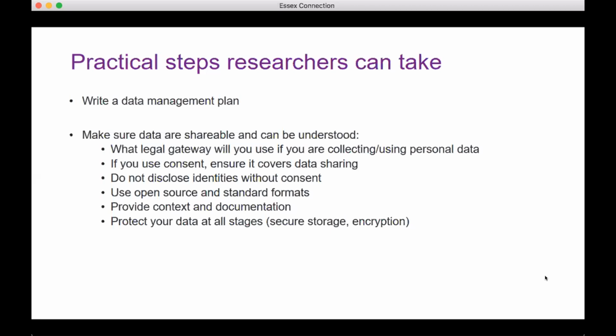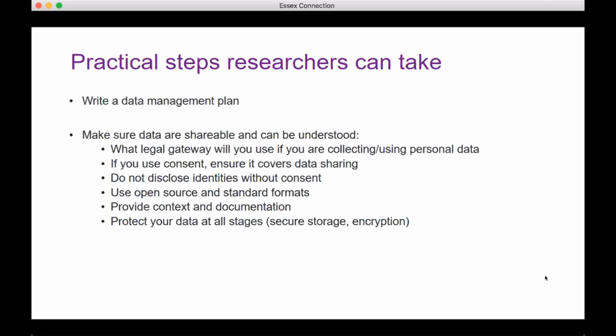It's very likely that there will be local support at your own university or institution that can help you in this regard. As I mentioned, we do have extensive guidance on our website on how to write a data management plan as well, and we have a link to that included in this presentation as well.